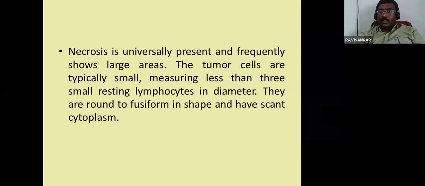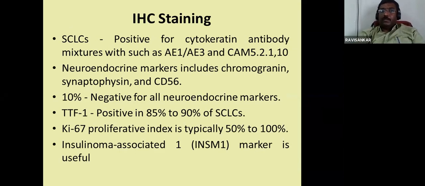Small cell lung cancers are aggressive tumors, and they definitely have necrosis. Usually the cells are small, less than 3 times the size of a small resting lymphocyte. Remember that on immunohistochemistry they are positive for neuroendocrine markers, particularly chromogranin, synaptophysin, and CD56.